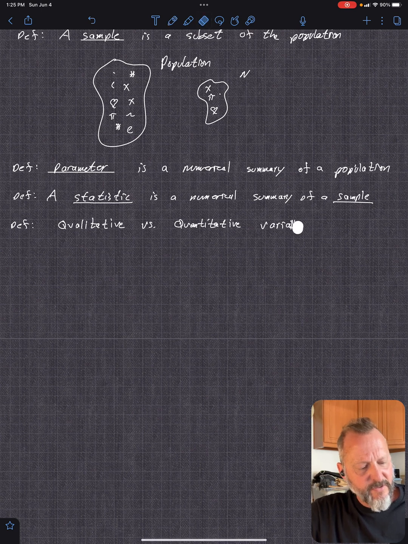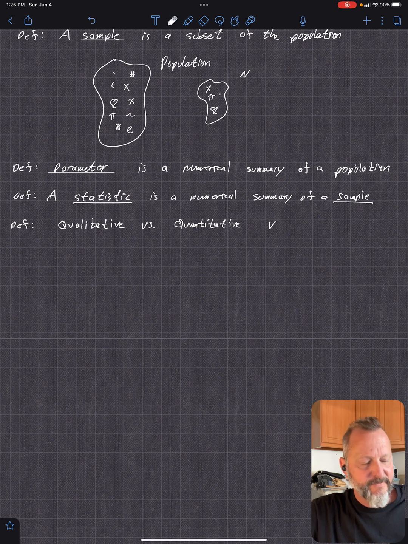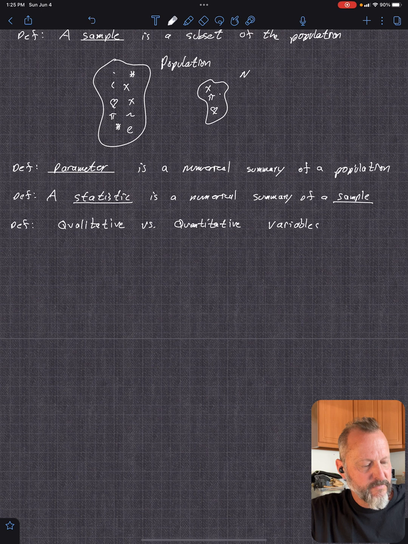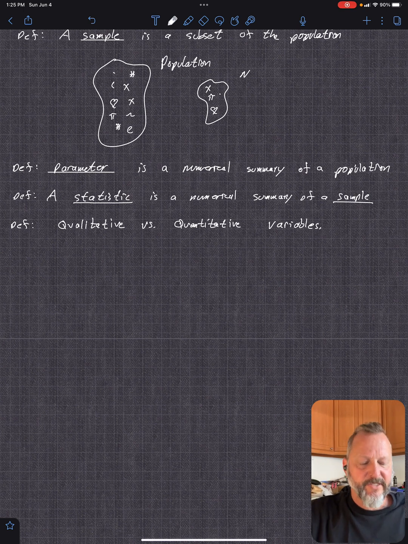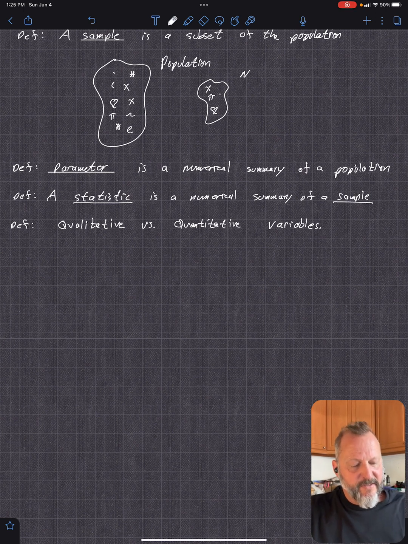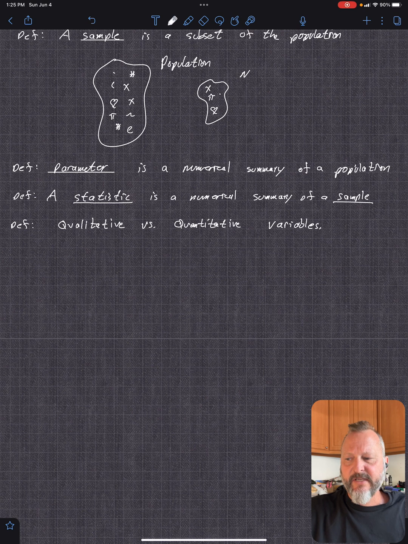A variable is what you think it is: a data point that can vary. Let's say you're talking about cars. A car is a car, so that's not a variable.